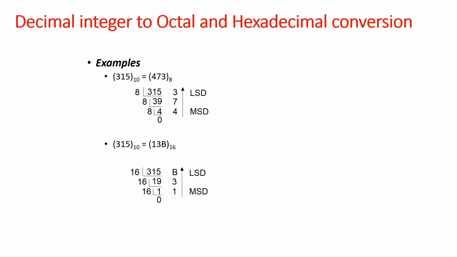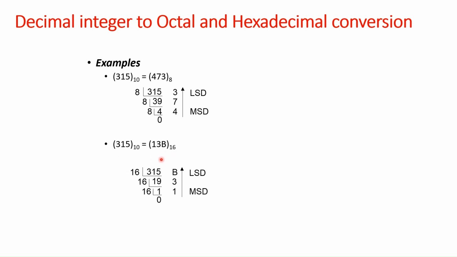As I said, it will be the same thing for decimal to octal and hexadecimal conversion, only instead of 2 we'll be using base 8 and 16. So if we have to convert 315 in decimal to octal, we'll be dividing 315 by 8 repeatedly, and then the number is becoming 473 in octal.